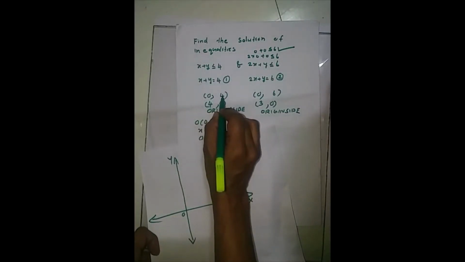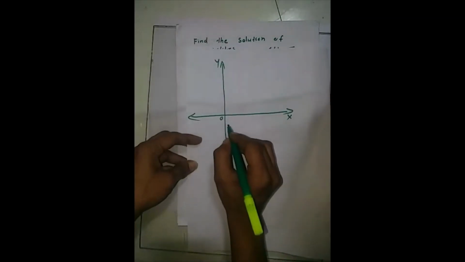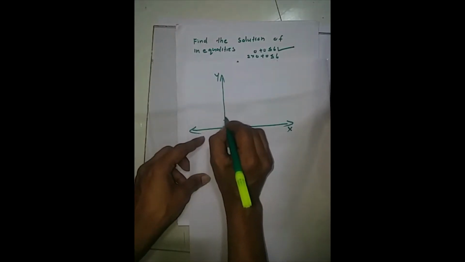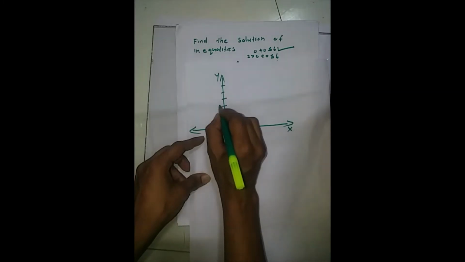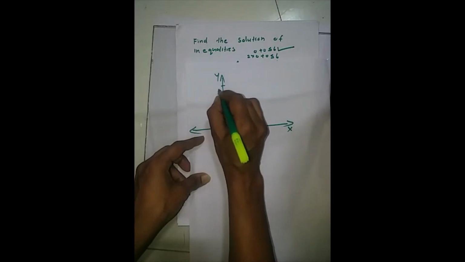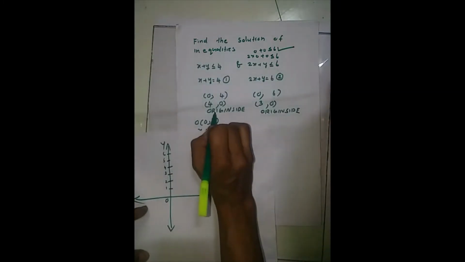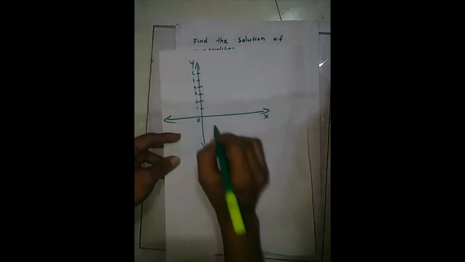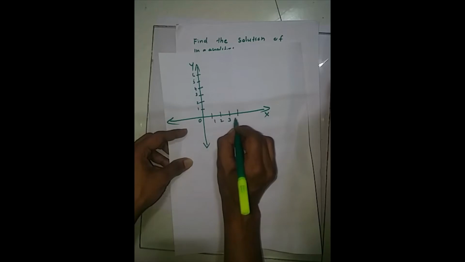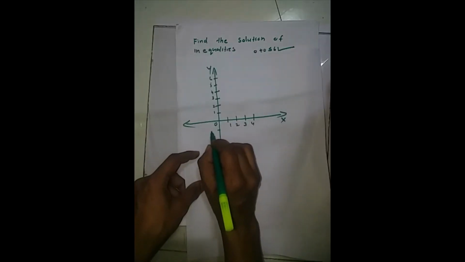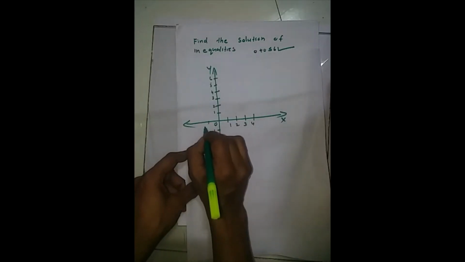On the y-axis up to 6, we mark 1, 2, 3, 4, 5, 6. On the x-axis, 1, 2, 3, 4, and on the negative side, minus 1, minus 2.